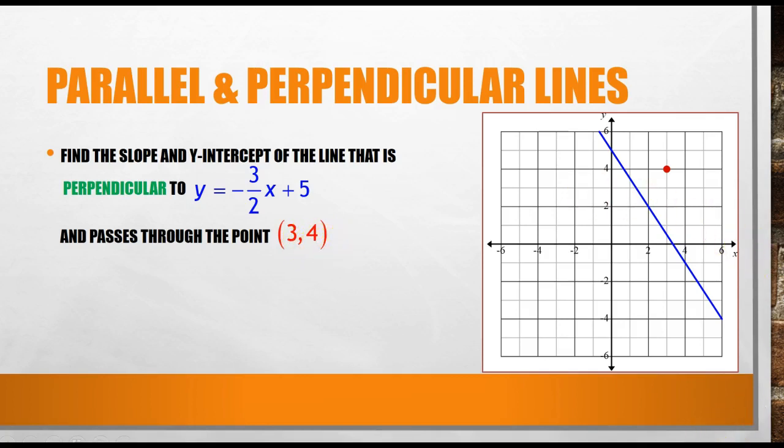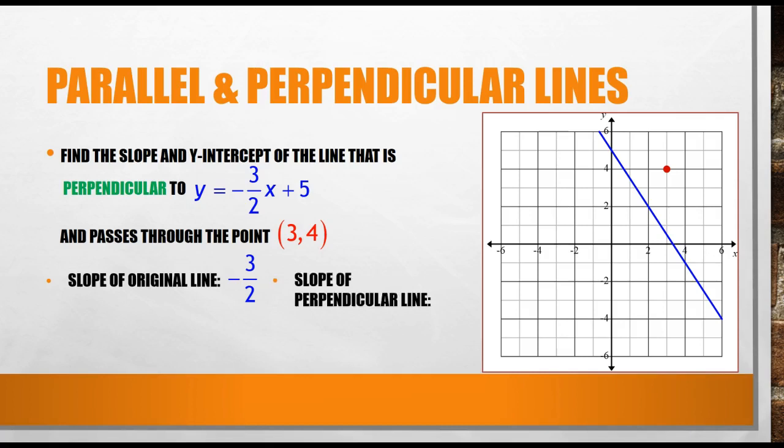So the first thing I'm going to do is highlight that the slope of my original line is -3/2. Now, the slope of any line perpendicular would be the opposite reciprocal. So our original line is negative slope, so I would need a positive slope, and the reciprocal of 3/2 is 2/3. So the slope of my perpendicular line is 2/3.